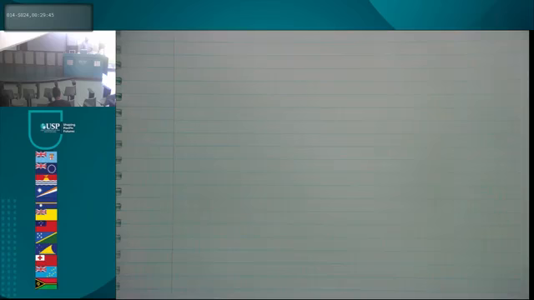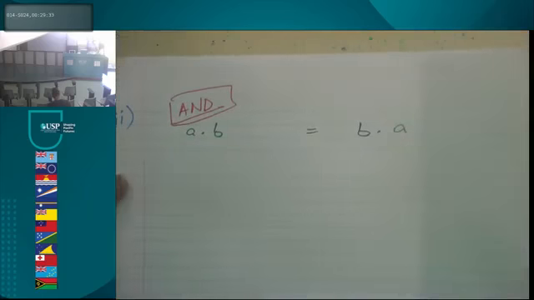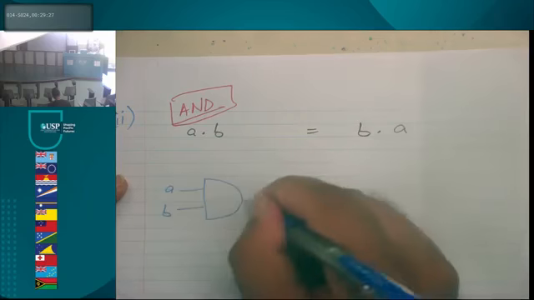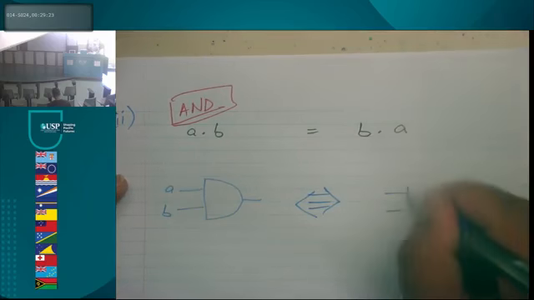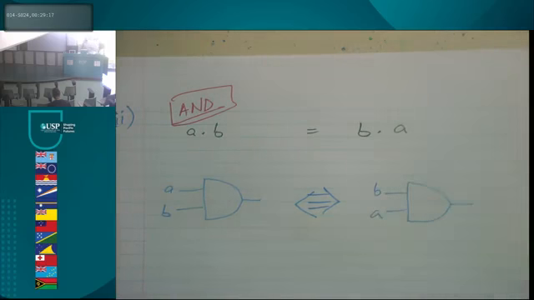You have A and B is the same as B and A. So if you have a gate, this is the AND version, with inputs A, B, and then B, A. Once again, all you're doing is flipping the inputs.